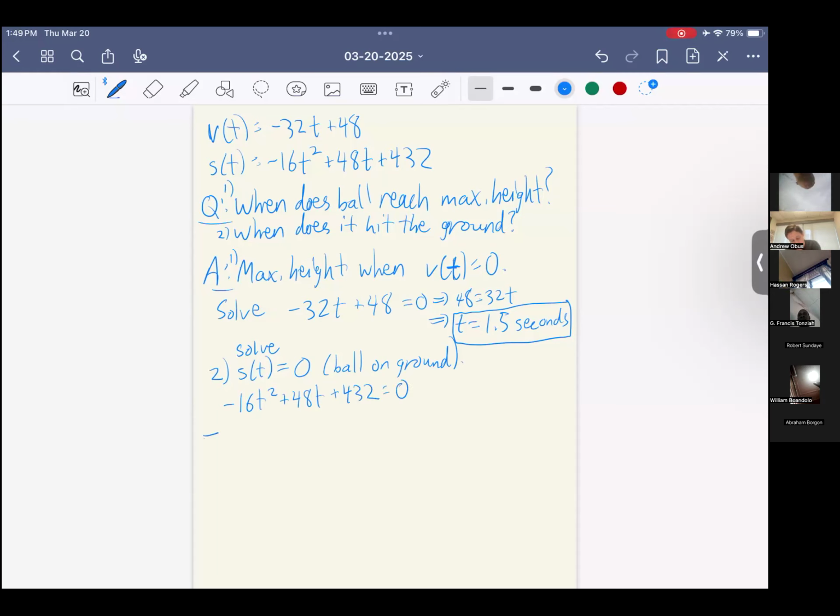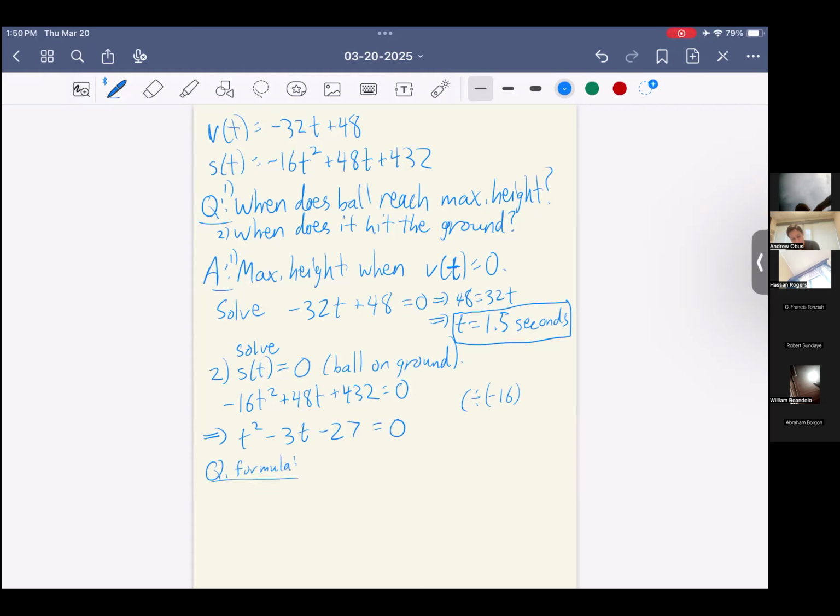Turns out that you can just divide this by negative 16. If you divide everything by negative 16, this is going to give you t squared minus 3t, and then 432 divided by 16 is 27, so that's going to be minus 27 equals 0. And this is not actually going to factor, so I'll just use the quadratic formula.